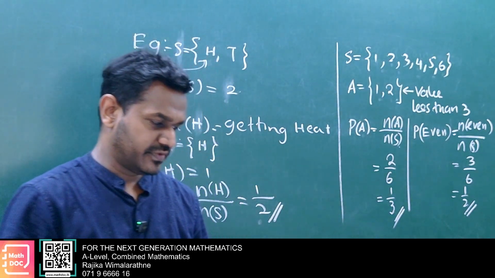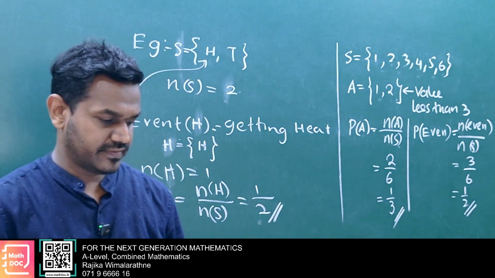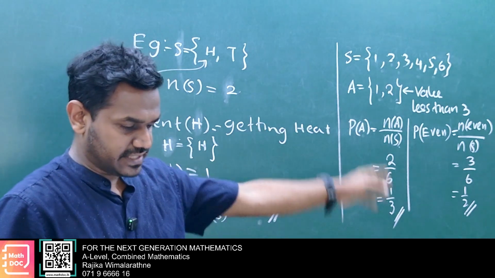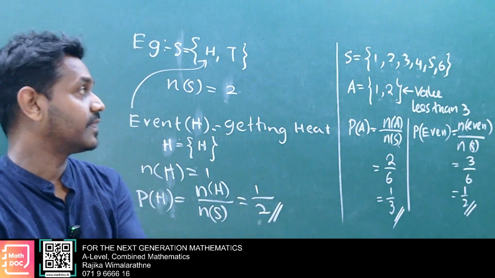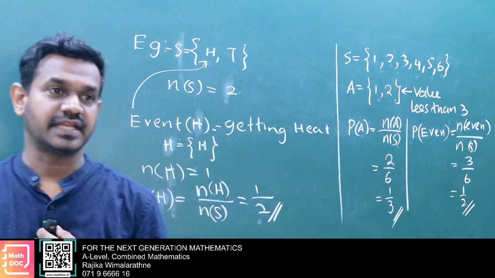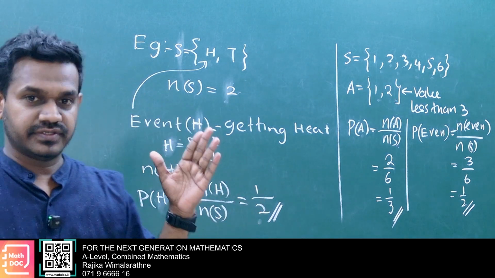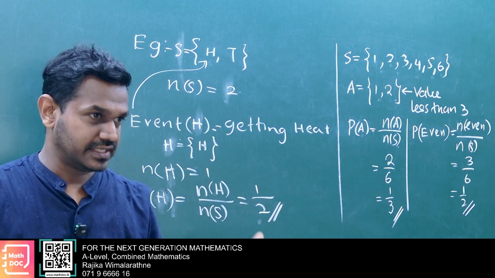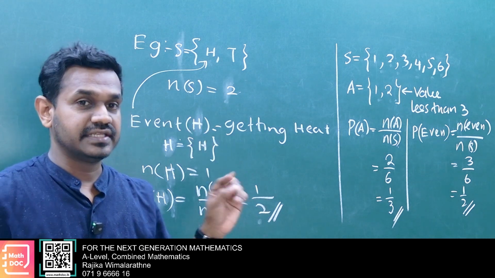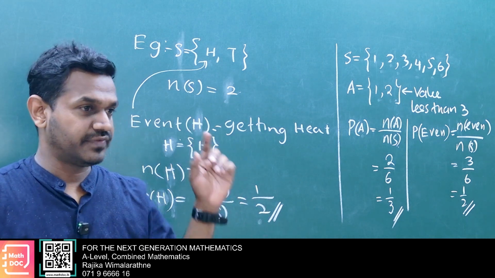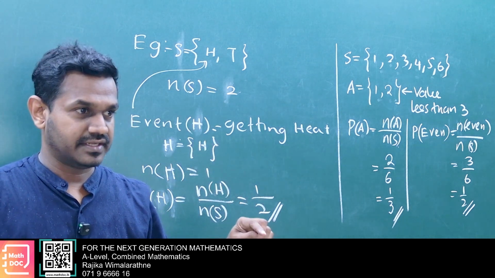So go to page number 5, identify that. Write that example. That is the classical definition of probability. Yeah? Very simple definition. You consider the number of elements in the sample space and the number of elements in that event.